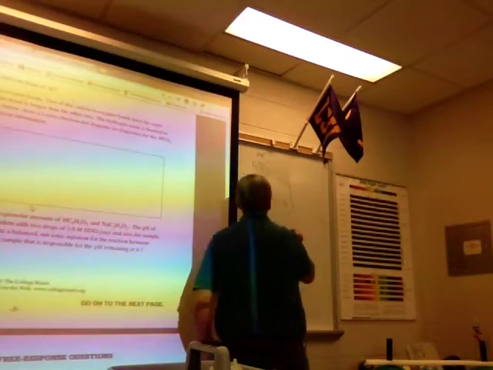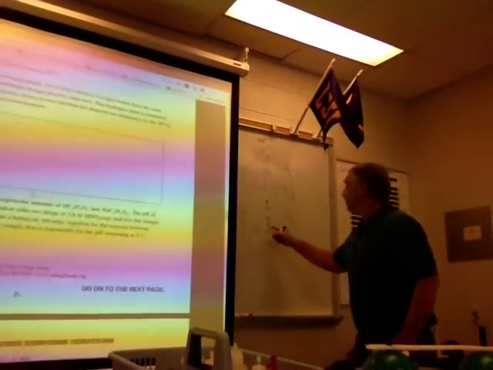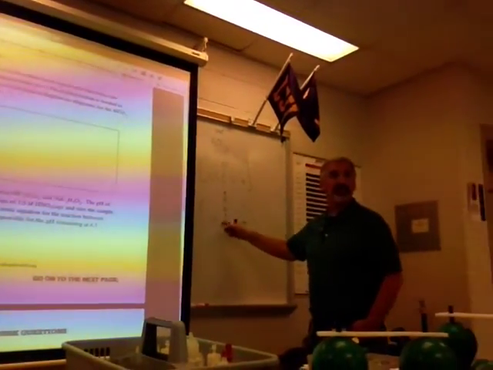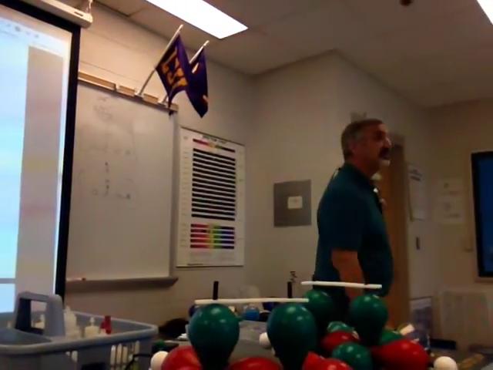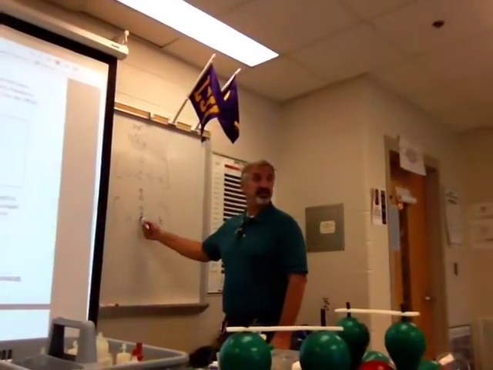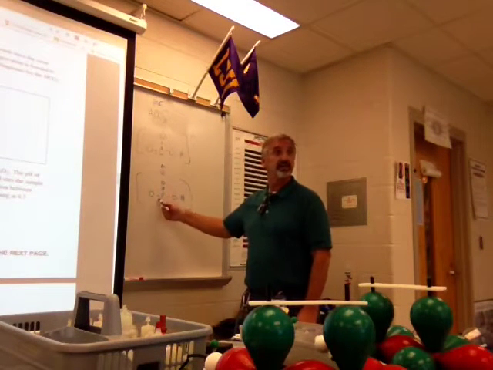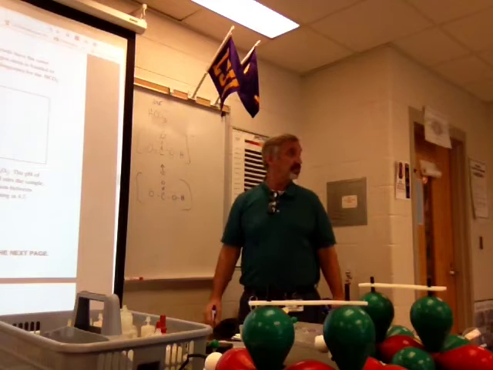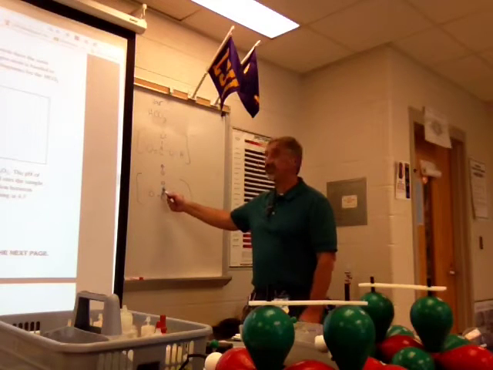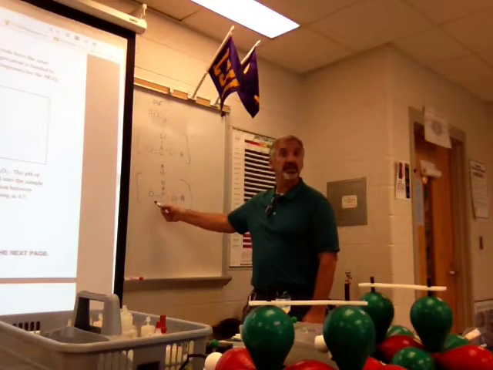Now, the reality is, what do we know about this bond right here if there's resonance? They're identical, right? So these 2 bonds are going to be identical. What's the bond order going to be for these 2 bonds? How many places is this double bond getting shared? 2.